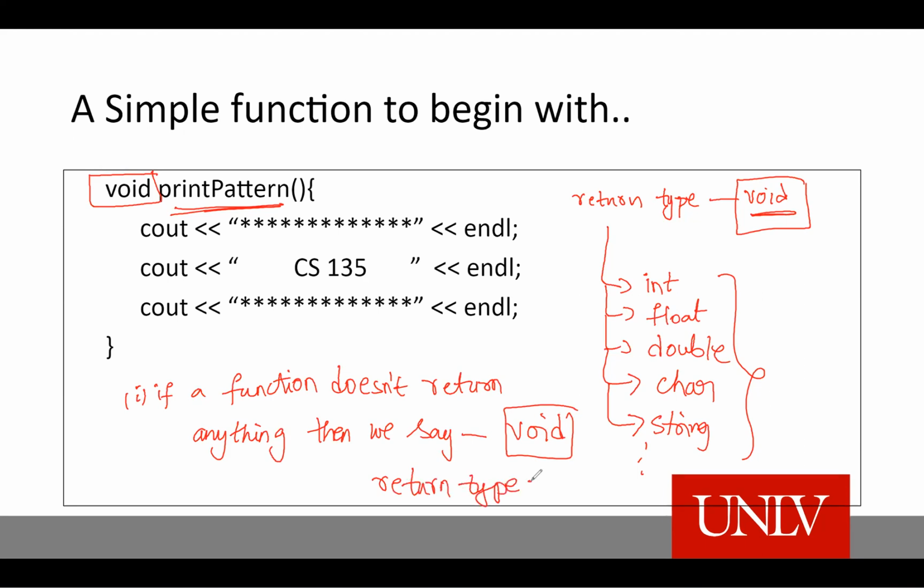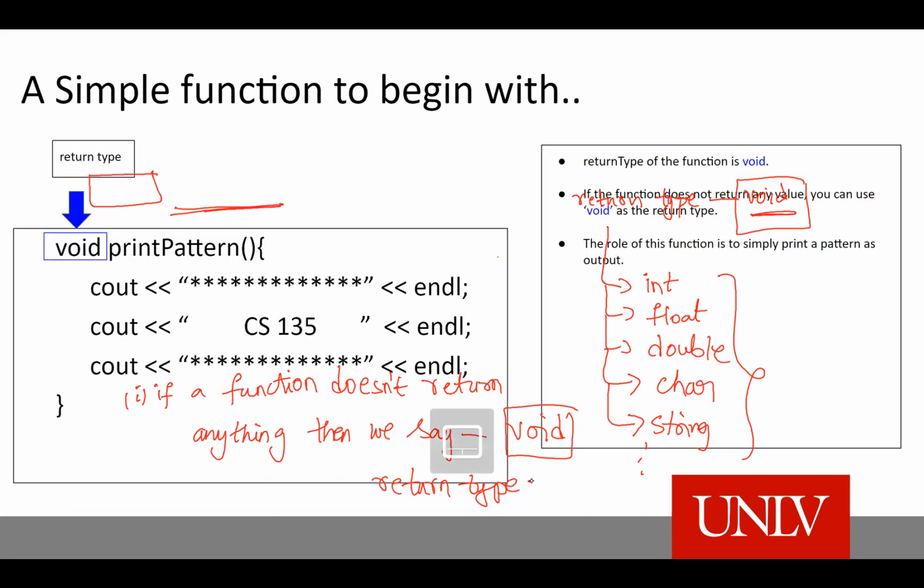That's the key. If a function doesn't return anything, let's just say that its return type is void. And if a function doesn't return anything, we can skip the return value or the return statement.